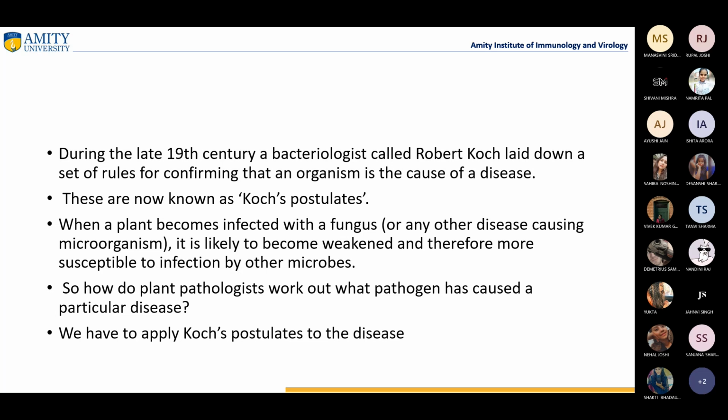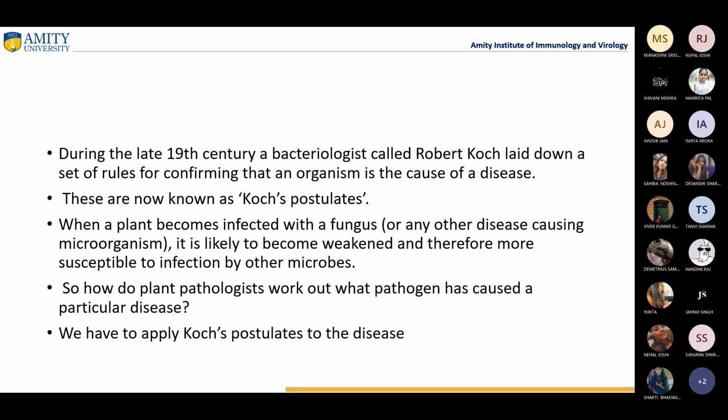During the late 19th century, the bacteriologist Robert Koch laid down a set of rules for confirming that an organism is the cause of a disease. These are now known as Koch's postulates. When a plant is infected by a fungus or any other disease, there are chances that another pathogen or organism could also cause an infection in that plant.